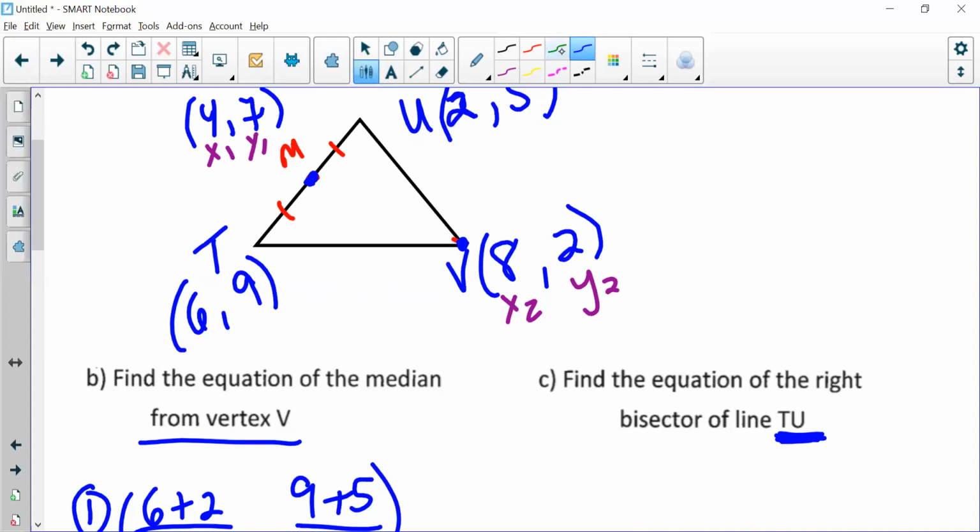So I'm going to find the slope between T and U and then turn it into the negative reciprocal. So you guys go ahead and try calculating the slope of TU, and we're going to compare.